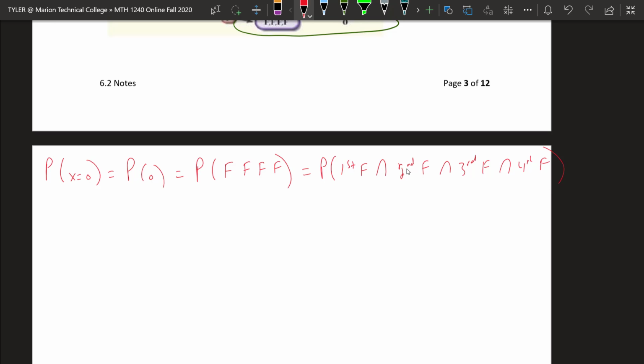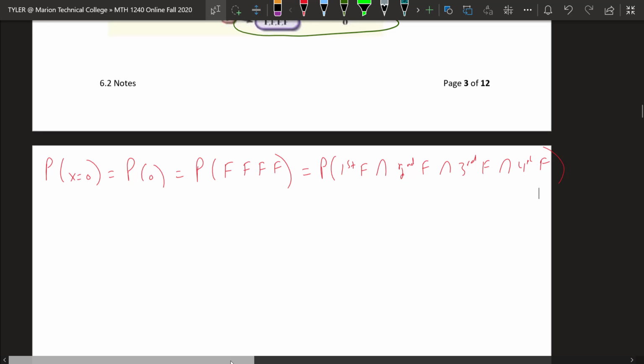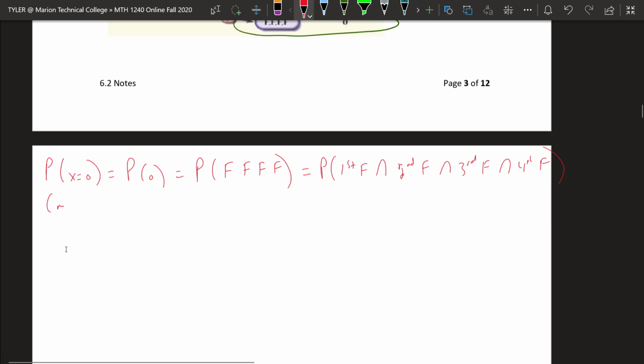And these planes, the first, second, third, fourth planes being on time or not, would be independent of each other. So we can use the multiplication rule for independent events.